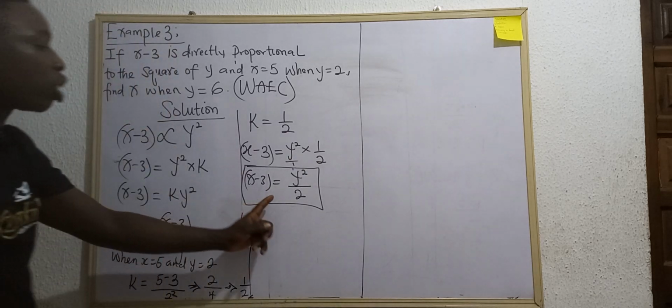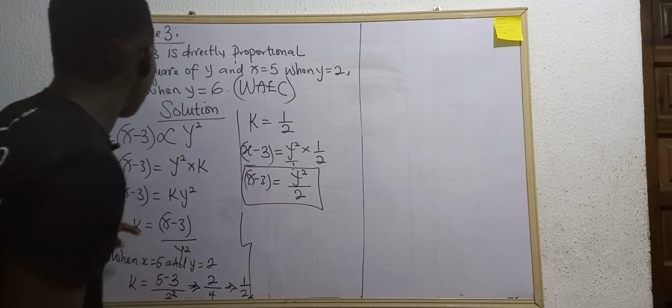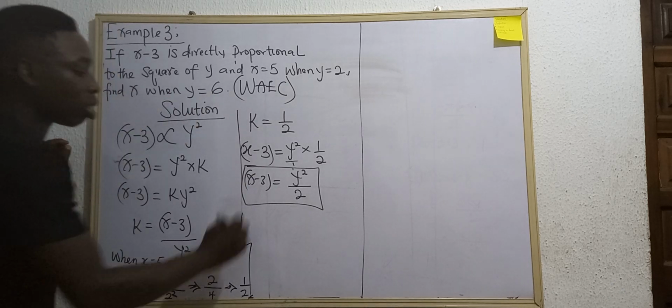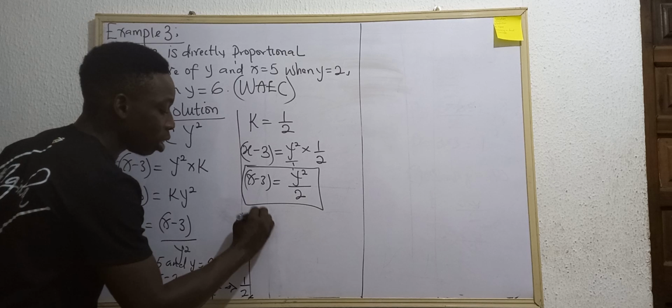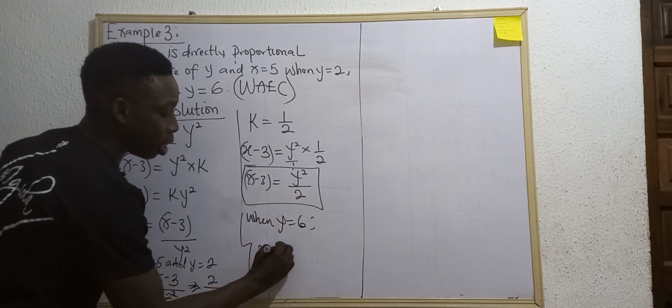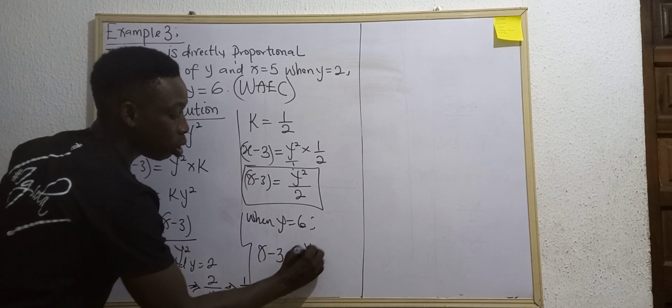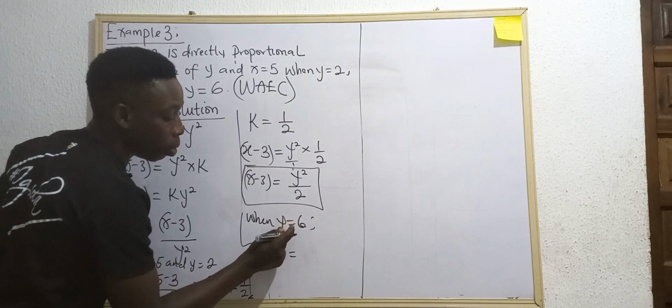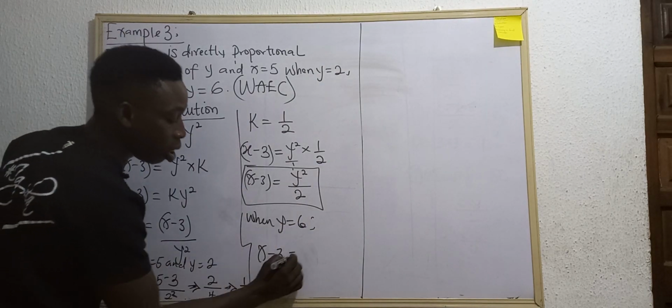Having gotten the relationship between x and y, it will be much easier for us to find the value of x when y equals 6. So when y equals 6, x minus 3 equals y squared over 2. Our y is now 6, so we substitute y equals 6 in the formula.